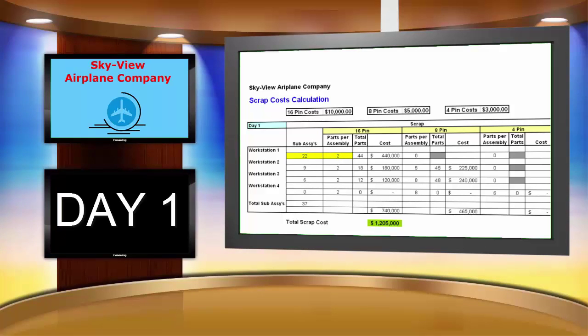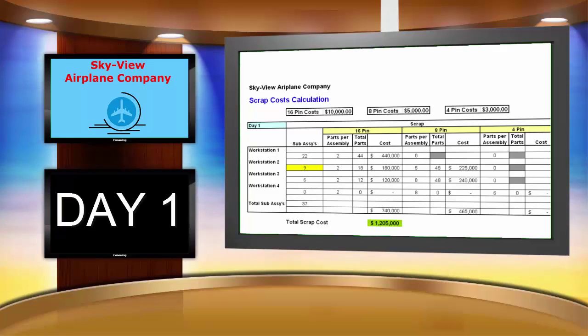At 2 16-pin parts per assembly, the total number of parts is equal to 44. 44 16-pin parts cost $440,000. The number of assemblies between Workstation 2 and 3 is 9.